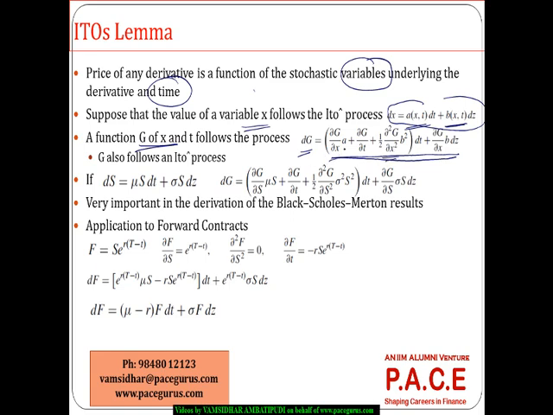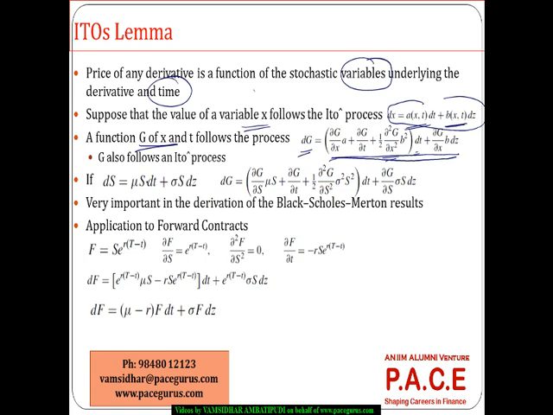The first derivative I multiply with a. The second derivative, half of it with b squared, and then I take the derivative of g with respect to t. So it becomes all this dt plus dou g by dou x times b dz. That is the function of g as per Ito's lemma.